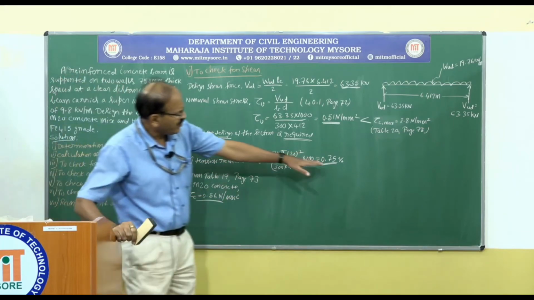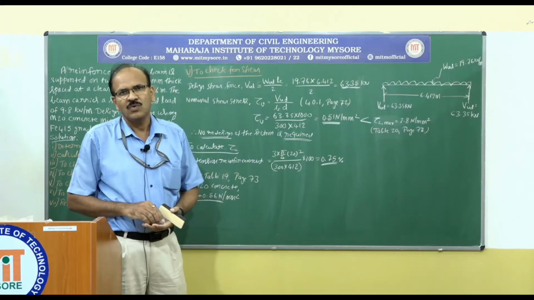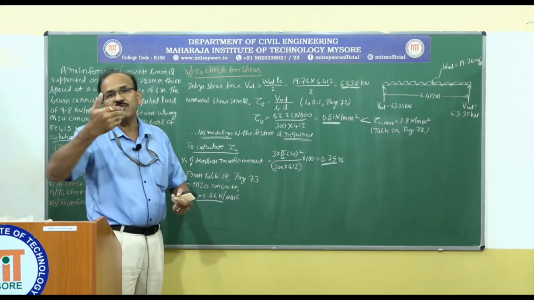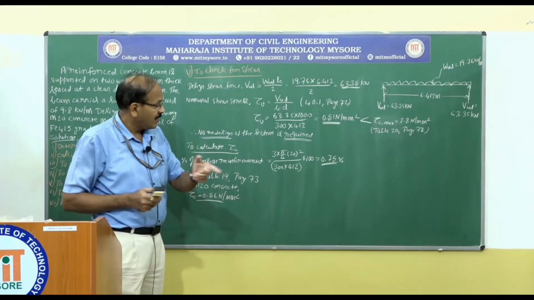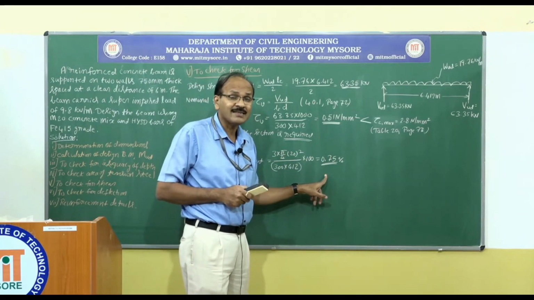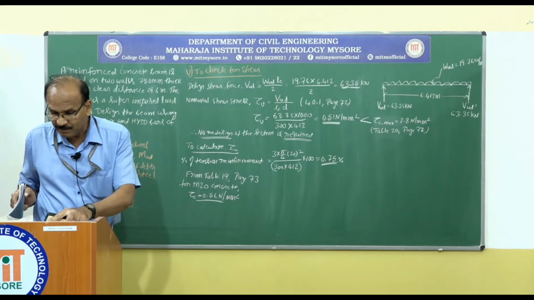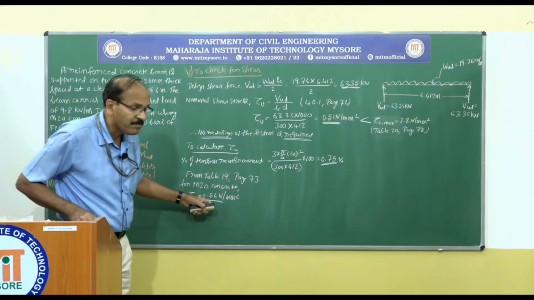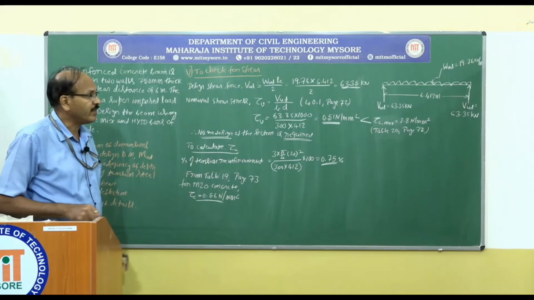See, for 0.75% steel, we are going to get the value directly from the table. Any value between 0.5 and 0.75 or any value between 0.75 and 1, etc., we have to do linear interpolation. Here fortunately the percentage is exactly 0.75%. So, go back to the table. There is a value for 0.75 for M20 concrete. The value is 0.56 Newton per millimeter square. That is the design shear strength of concrete.